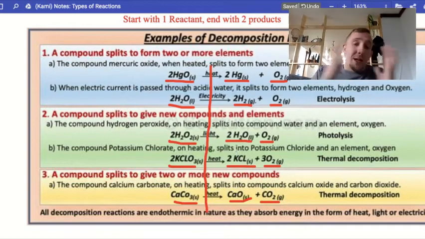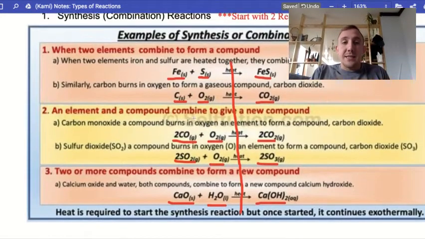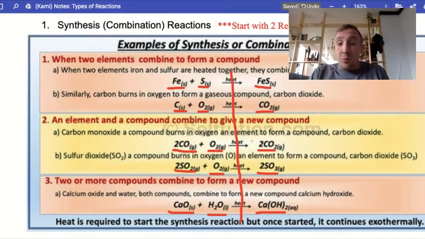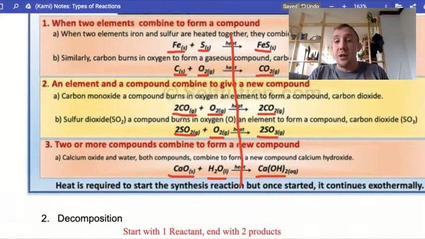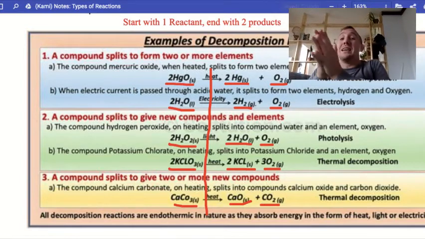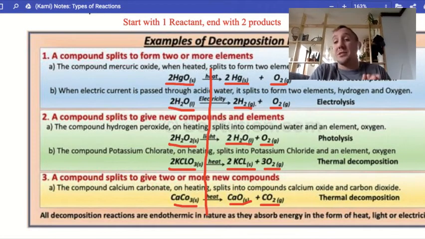So just to reiterate, synthesis is two reactants, one product. So two before the arrow, one after the arrow. Decomposition is the opposite. It's one reactant, two products, or one before the arrow, two after the arrow. That is all you're looking for to say if it's synthesis or decomposition.